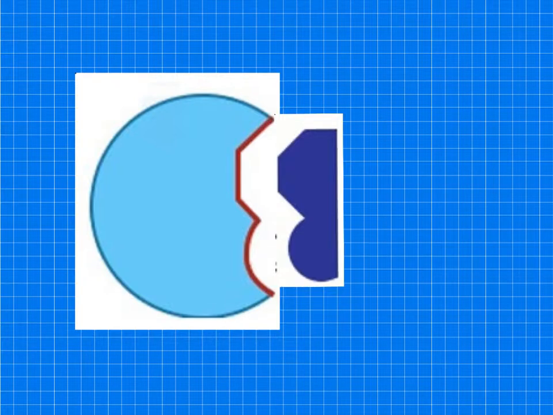So if we just look at one enzyme and one substrate, you can see that the enzyme is like a lock. The enzyme has an active site with a specific shape, and the substrate has a shape that will fit into this active site, a bit like a key going into a lock. And this will form what we call an enzyme-substrate complex.